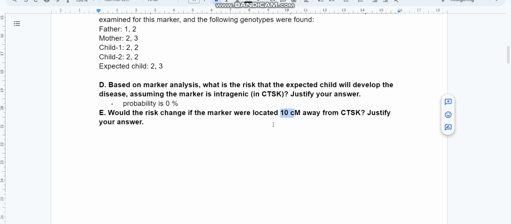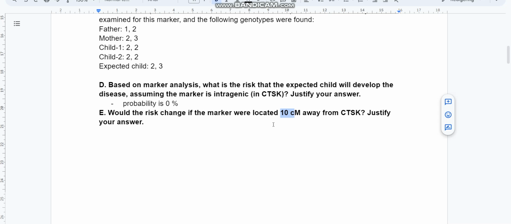And so you can say that if the marker and the mutated CTSK gene were separated during prophase in meiosis 1, it will result in the mutated CTSK gene not being inherited together with the marker, because remember, the further away they are from each other, the less likely they are to be inherited together.